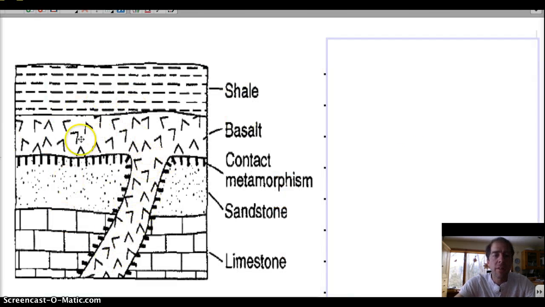So if this is igneous rock, basalt, as we remember from the igneous rock chart, you can see there's the slash marks, those hash marks there, are where the contact metamorphism happened. So this molten rock came out onto the surface, and we know it's basalt, it's small crystals.